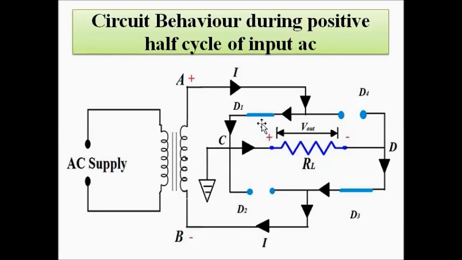The important thing to pay attention to here is the direction of flow of current through the load resistance. It is from C to D, and the output voltage is taken across the load resistance as V output.